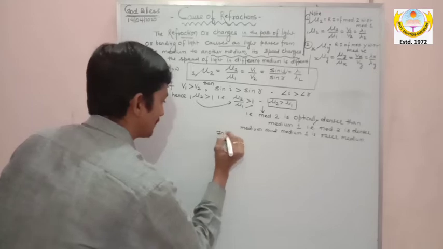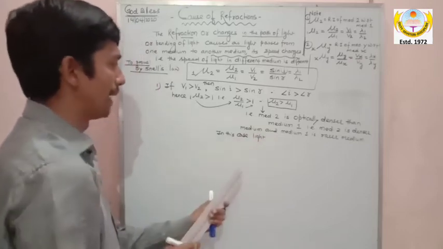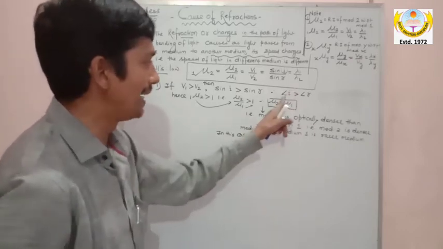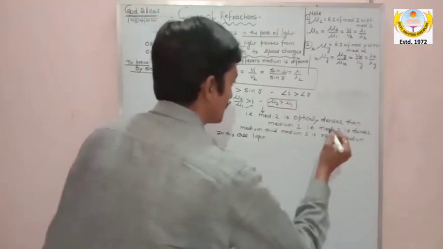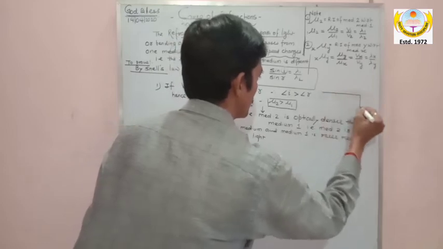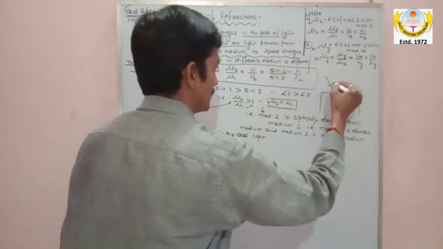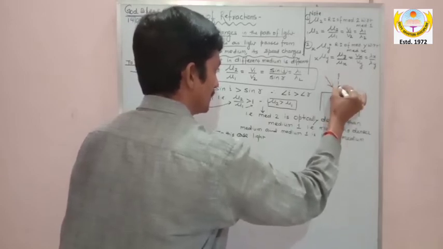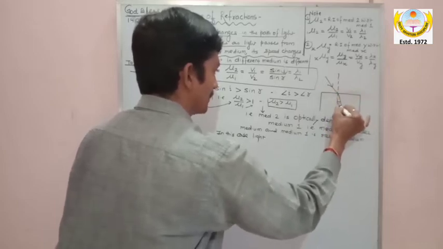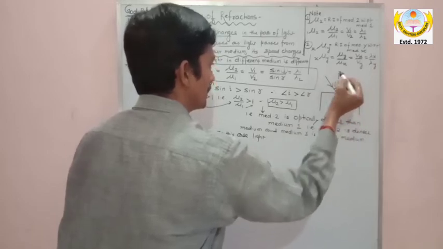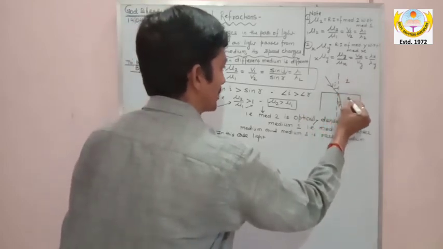In this case, you can see many more things which make you understand. Angle I is greater than R. So if angle I is greater than R, what will be the figure? This will be the figure. So here this is medium 1 and this is medium 2.